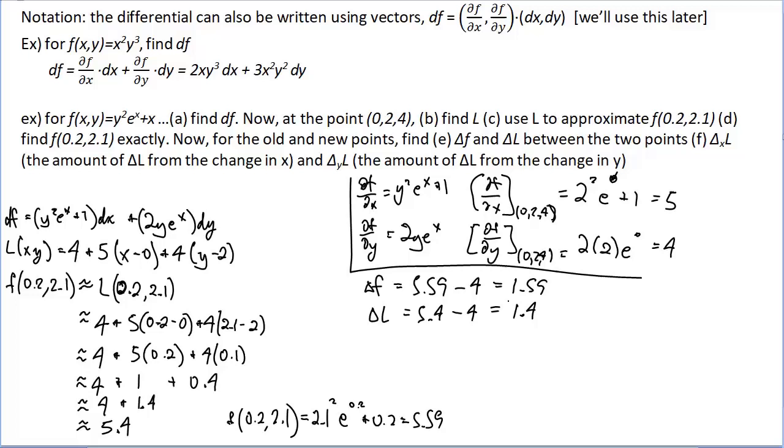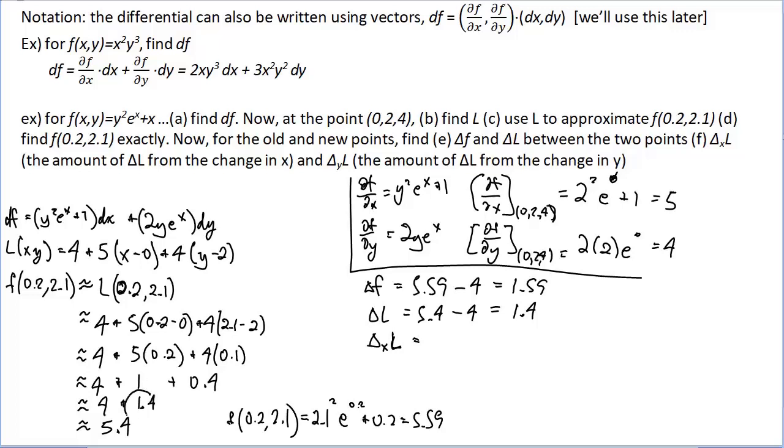Now let's find delta sub x of L and delta sub y of L. Those are respectively the amount of delta L that comes from the change in x, and the amount that comes from the change in y. So let's take a look at delta sub x of L. Now you could say, let's plug this into the formula. However, we have already calculated this in our calculation. Let's go back to the calculation of L from part C. First of all, notice that we already calculated delta L. It's written in our calculation.